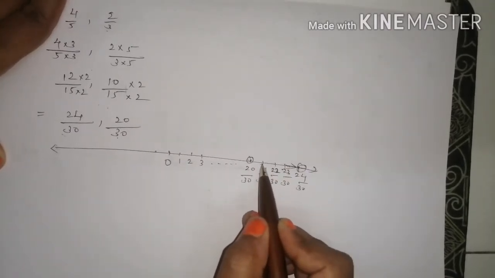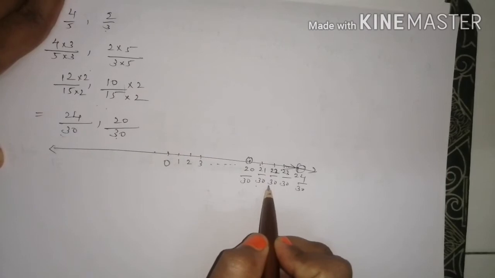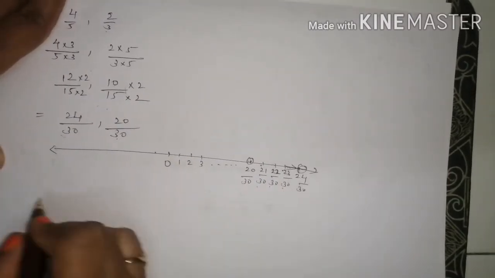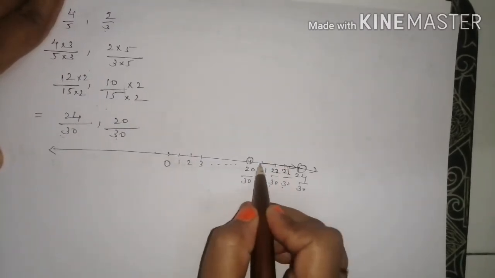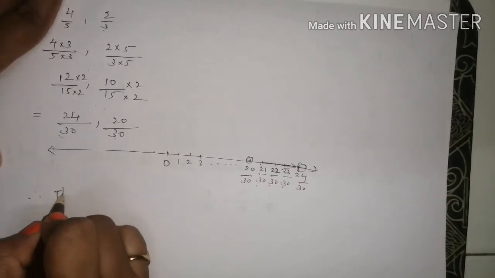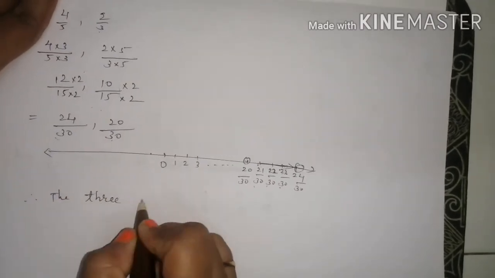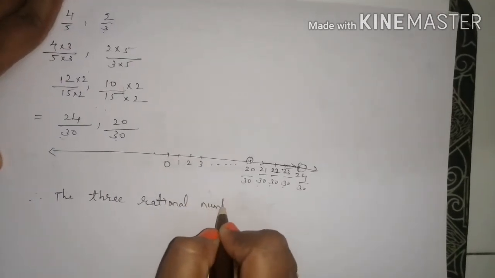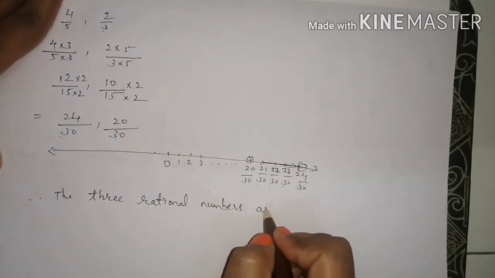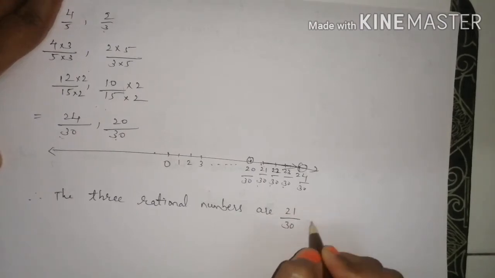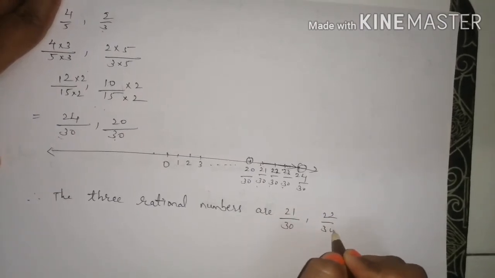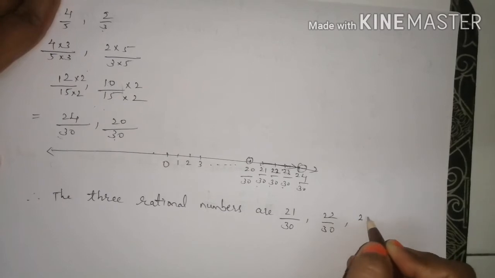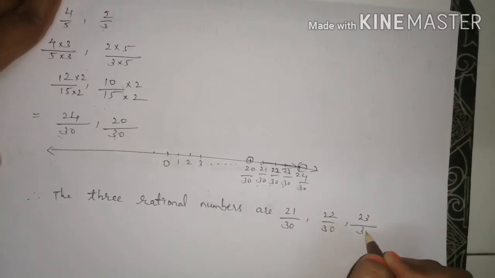So we are getting 21 upon 30, 22 upon 30 and 23 upon 30. So we got these three rational numbers. Therefore the three rational numbers are 21 upon 30, 22 upon 30 and 23 upon 30.